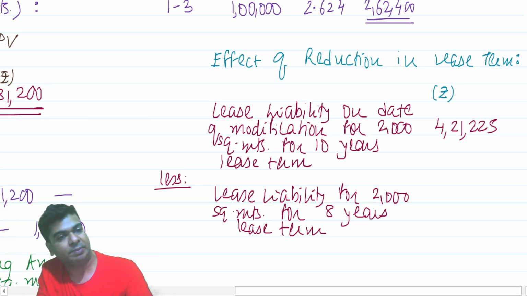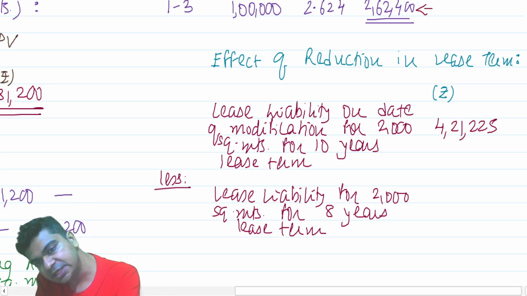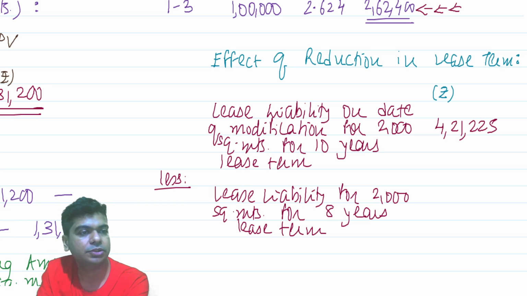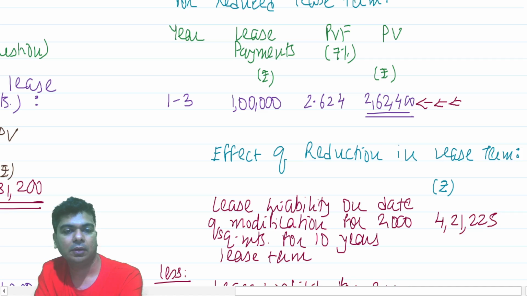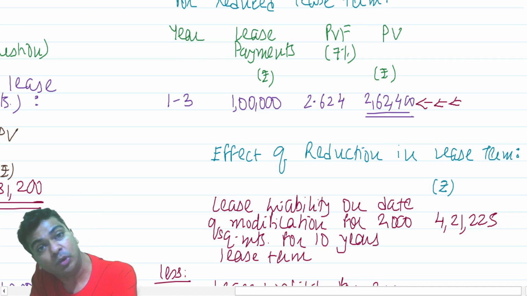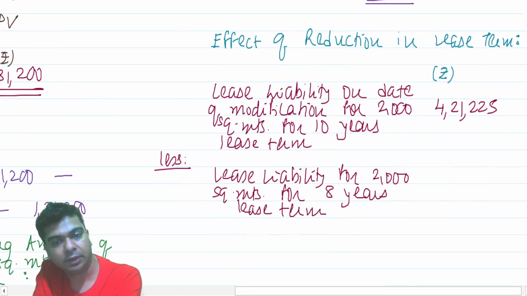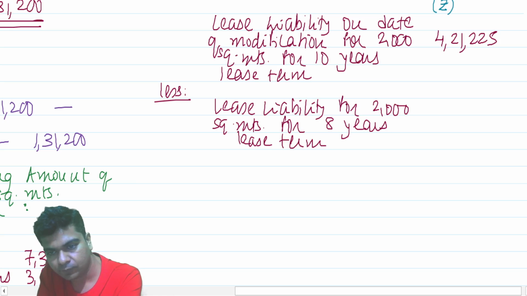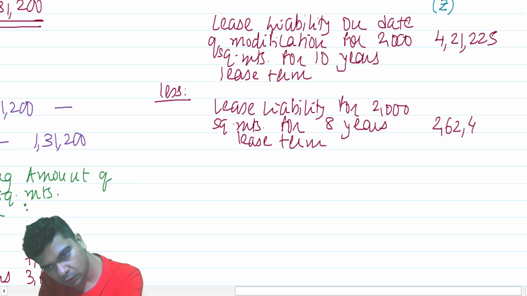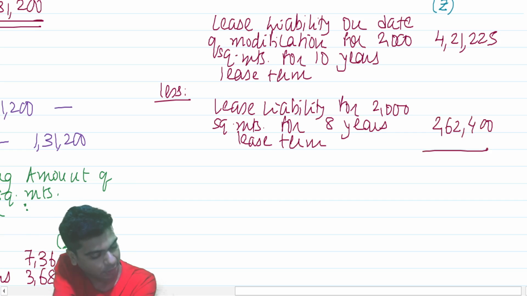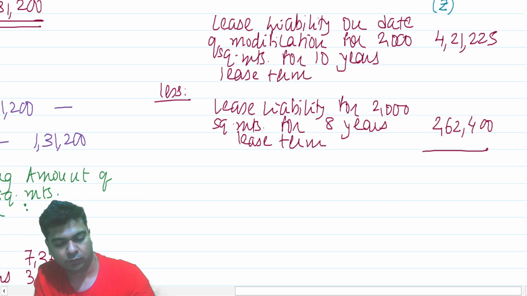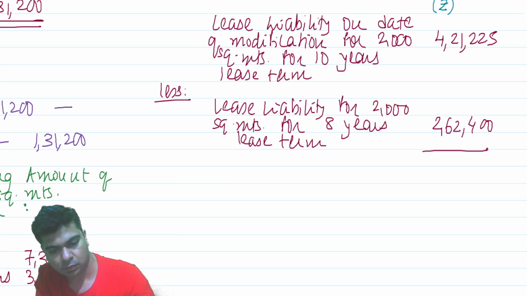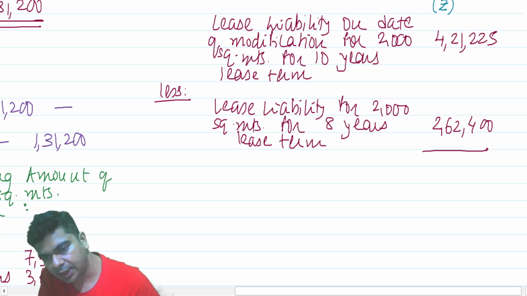Here it is. Just at the top, we have that calculation. It is 2,62,400. So, I get 1,58,825.